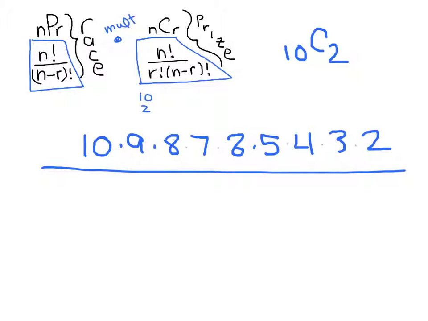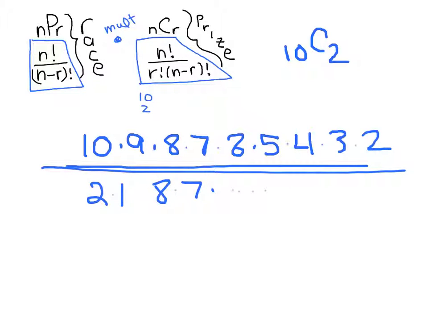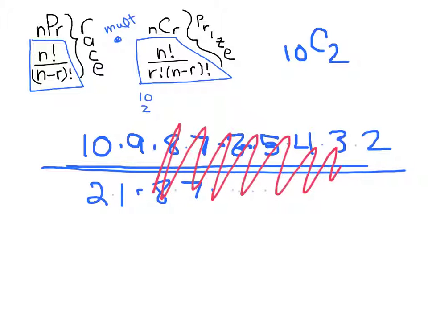On the bottom, I have 2 factorial, which is 2 times 1, over 8 factorial, which is 8 times 7 times and so on. And there's your 8 factorial up here. So now when you start canceling, what happens is that 8 factorial cancels everything below 8 in this problem. And so I end up with 90 divided by 2, which is equal to 45.